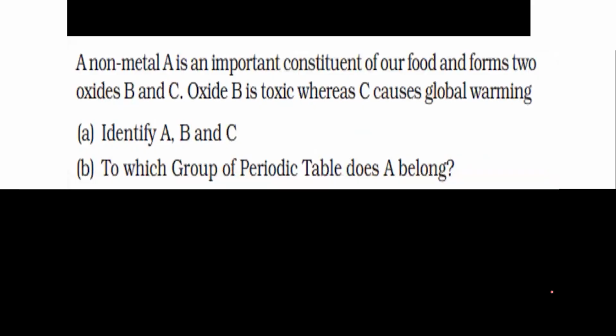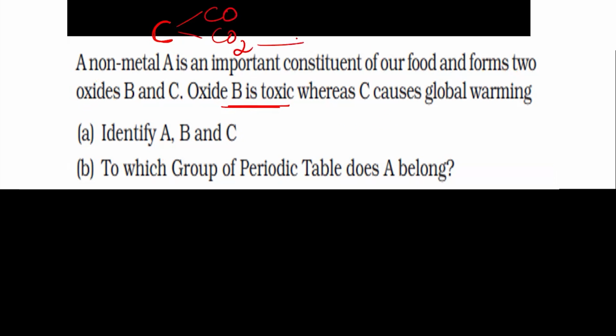Now, a non-metal is an important constituent of our food. Mainly we are eating carbohydrates, and carbohydrates contain carbon, an organic compound. So the non-metal A will be carbon, which has two oxides, B and C. B is toxic. Carbon forms two oxides, carbon dioxide and carbon monoxide.